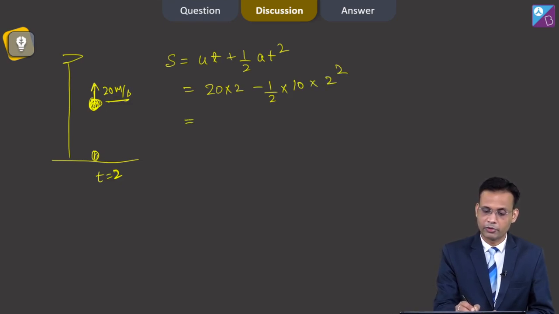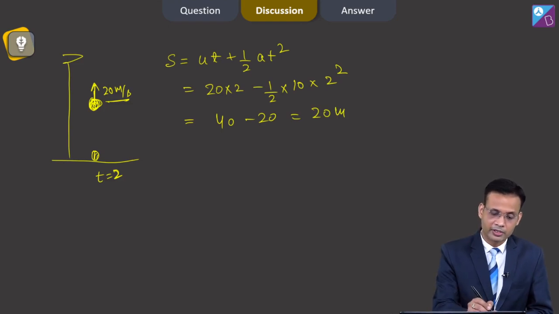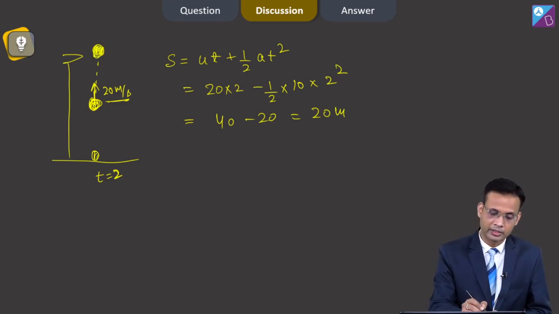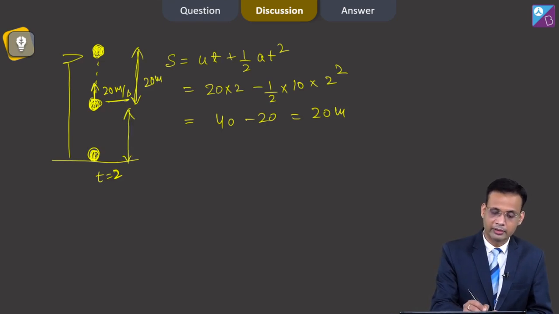So, it will become 40 minus 20, that is 20 meter. So, after time t equals 2 seconds, this lighter fragment reaches a distance of 20 meter, and this heavier mass is at ground, and the distance is here 100 meter.